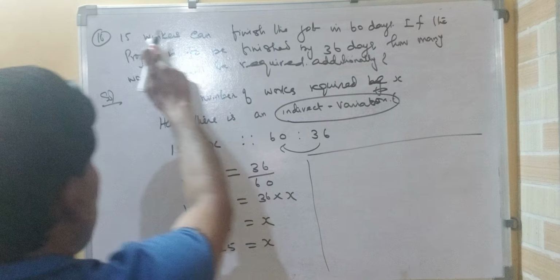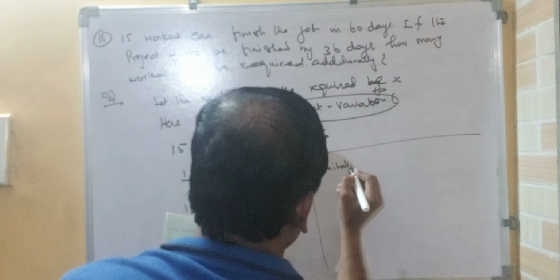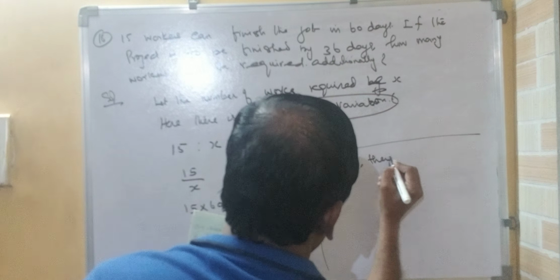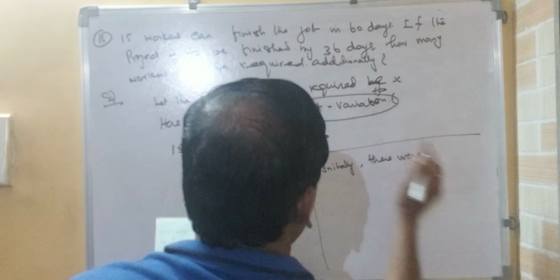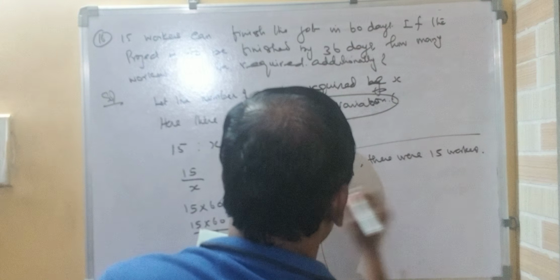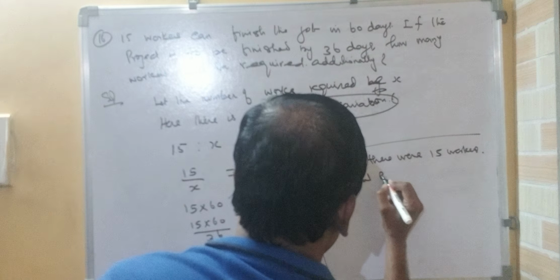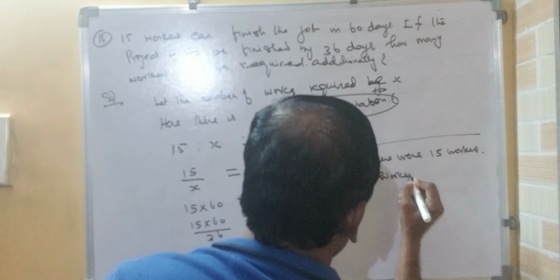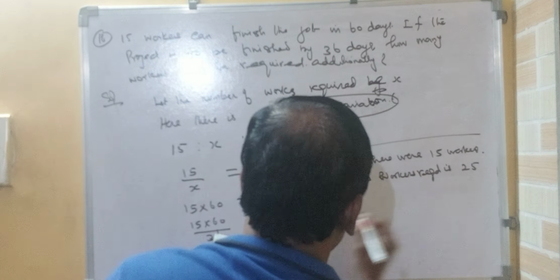So, initially how many workers were there? Initially there were 15 workers. Now, the total workers required is 25.